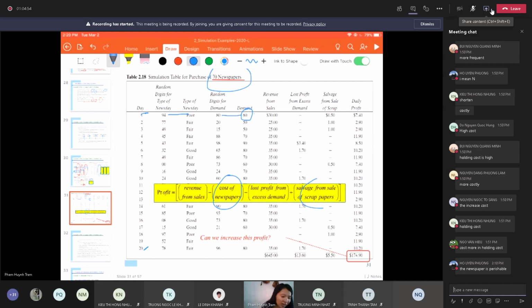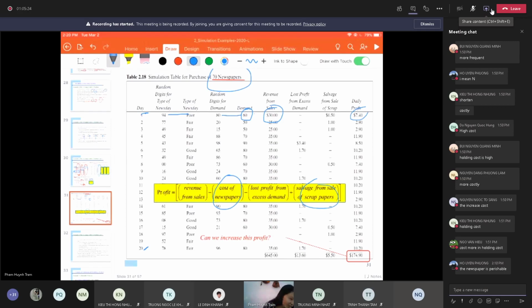We calculate the revenue, including the sale of the 10 scrap papers, and the revenue for the first day is $30. If we subtract all the costs, we get the profit for that day is $7.4.